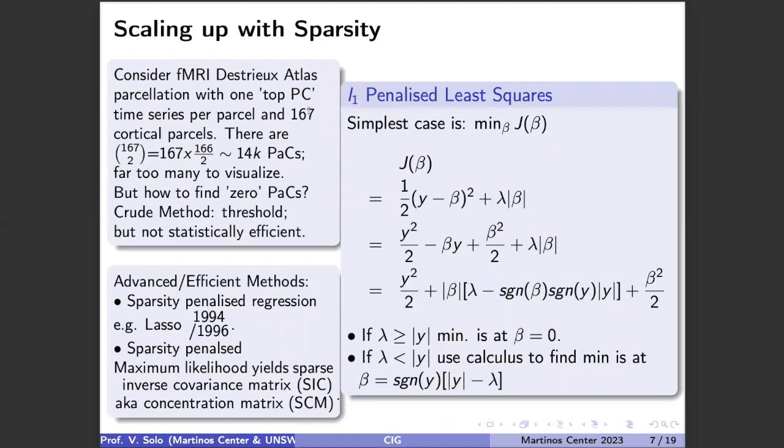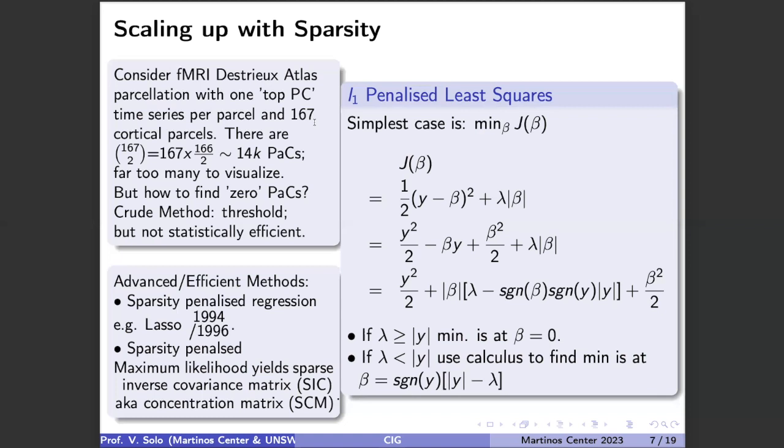Okay, so that's great. That was a 5-node network, but when we move to fMRI, MEG, EEG, or genomics, we're talking about much bigger networks. So even if we took a modest 90-size parcellation, say of fMRI data, you have got, well, I've got 167, which is out of our paper that I'll be showing you.